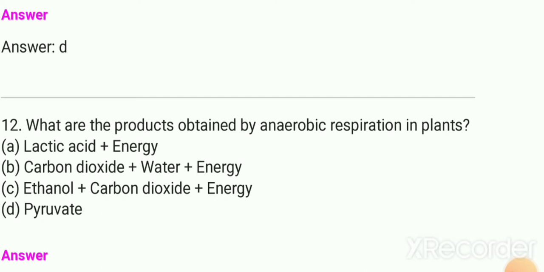Options: lactic acid plus energy, carbon dioxide plus water plus energy, ethanol plus carbon dioxide plus energy, or pyruvate. Remember, there are alcoholic fermentation and lactic acid fermentation. But here, for plants, the correct option will be option C, ethanol plus carbon dioxide plus energy.